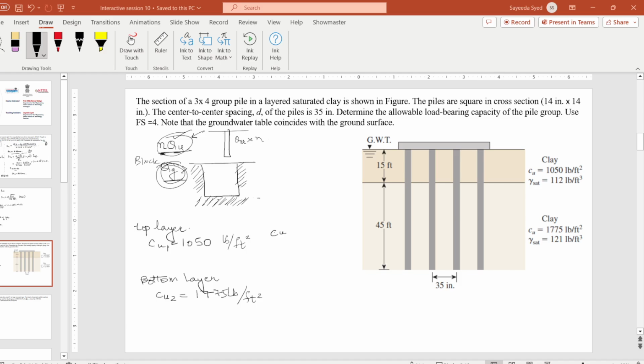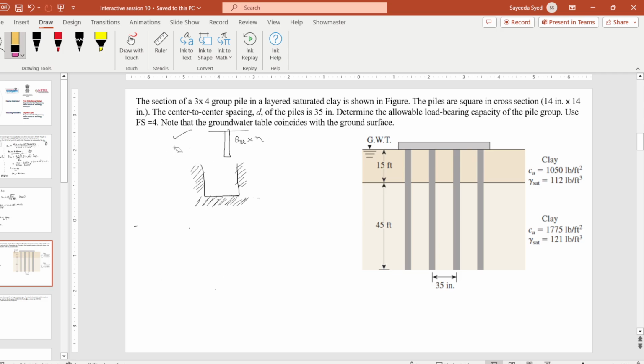So let's do one thing. Let us calculate the capacity of a single pile first. Let me erase this.